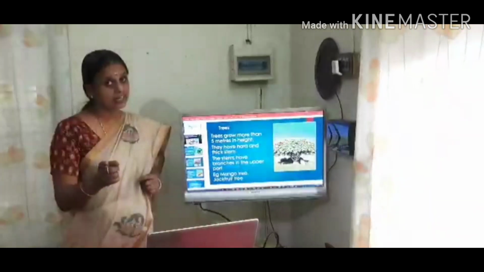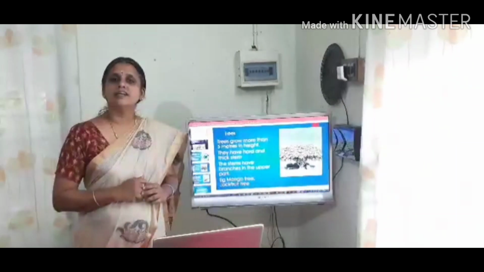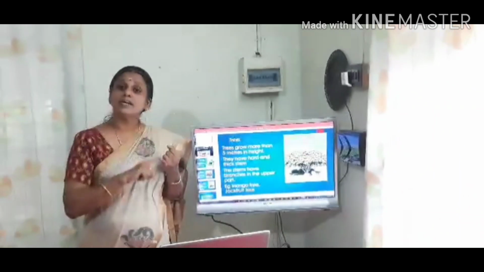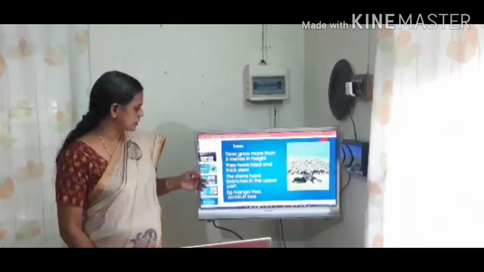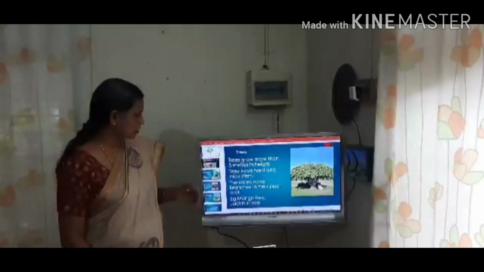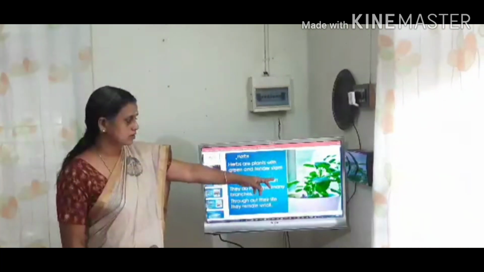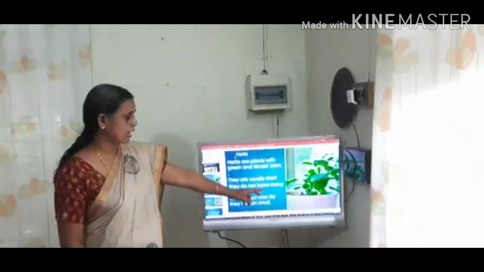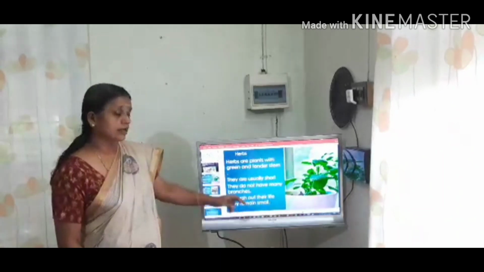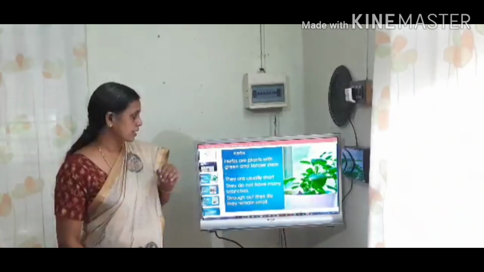I think children, you have understood about 3 types of plants: herbs, shrubs and trees. Herbs are small, short plants, they do not have many branches and they remain small throughout their life.